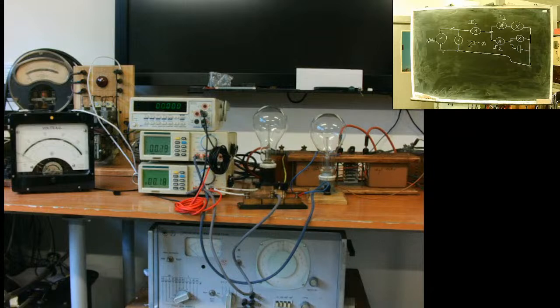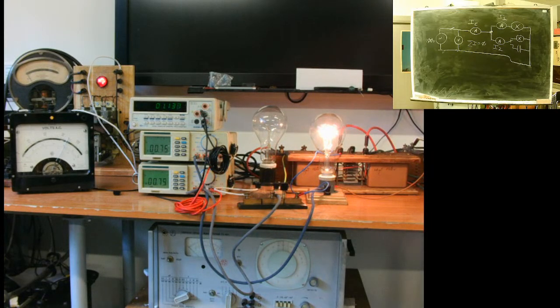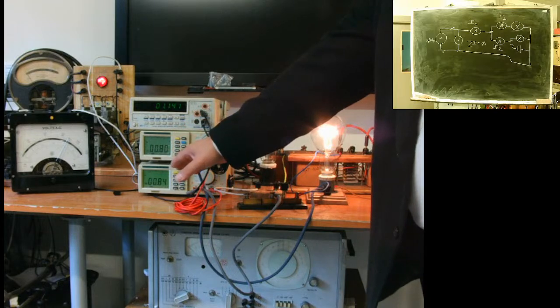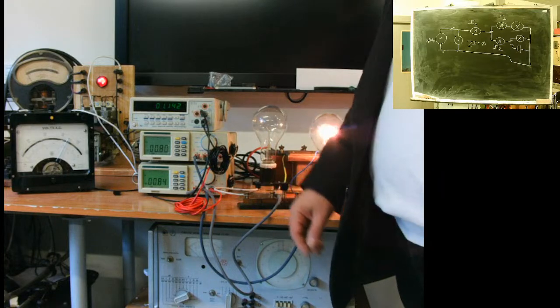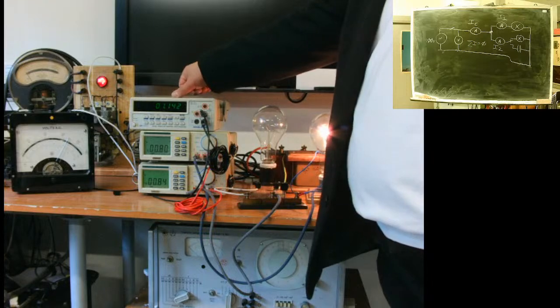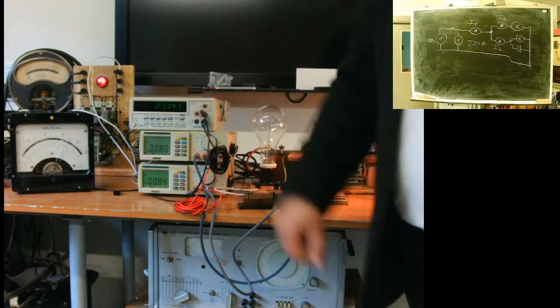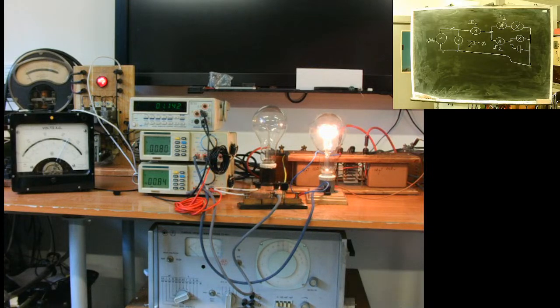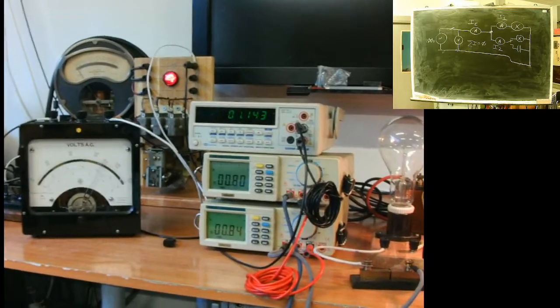Now let's see what happens when I switch from the lamp to the condenser. We see 0.8, 0.8, but the sum of them should be 1.6, and we see only 1.14. We'll come closer.